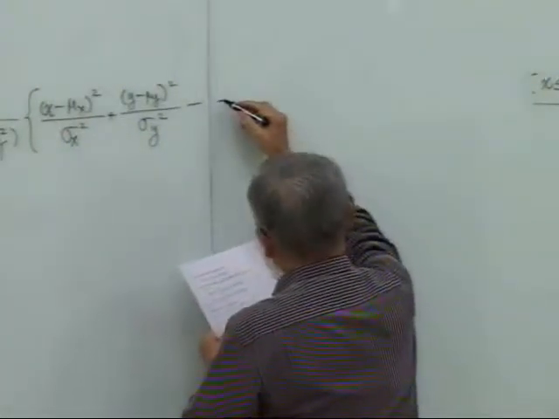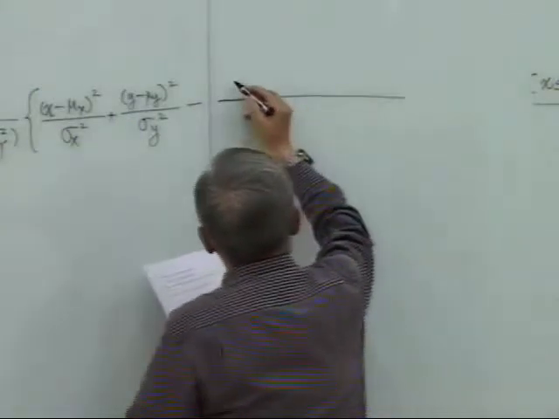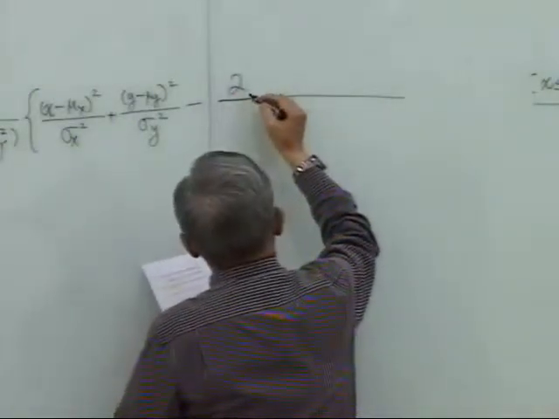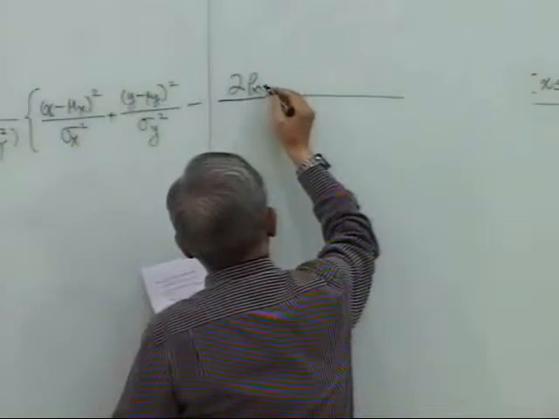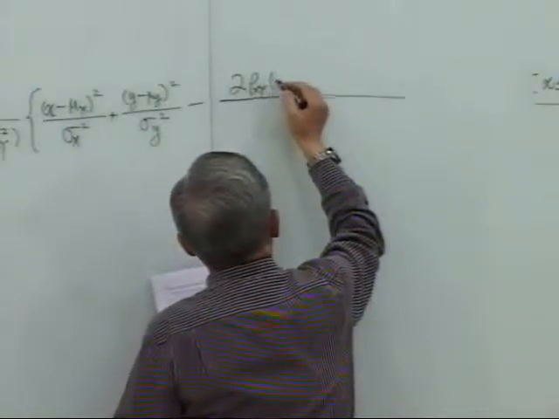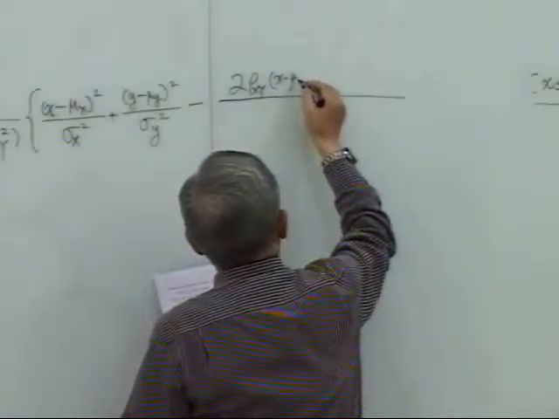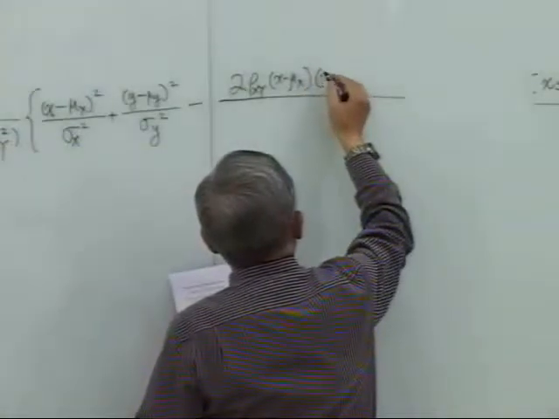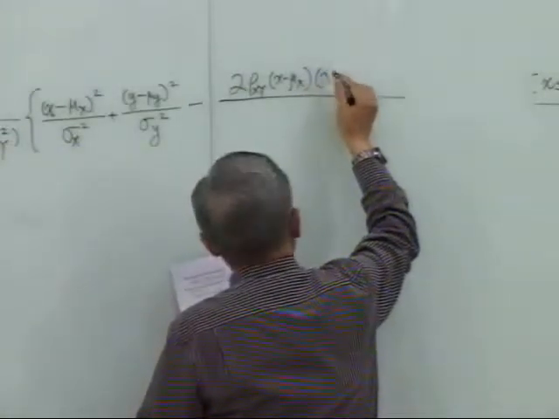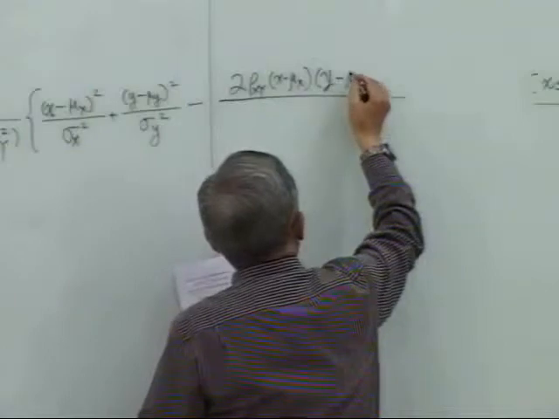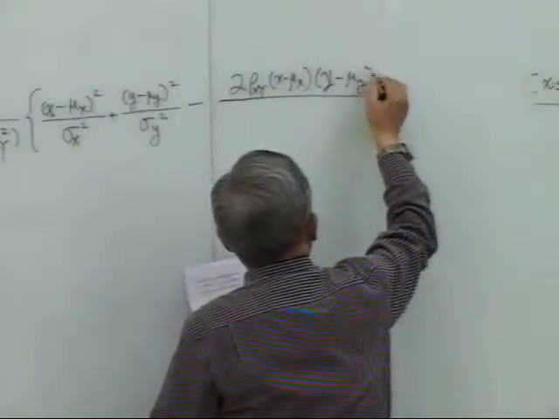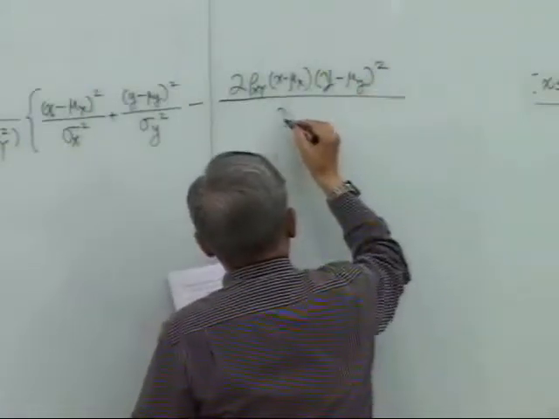Minus 2 rho xy, x minus mu x, y minus mu y squared.